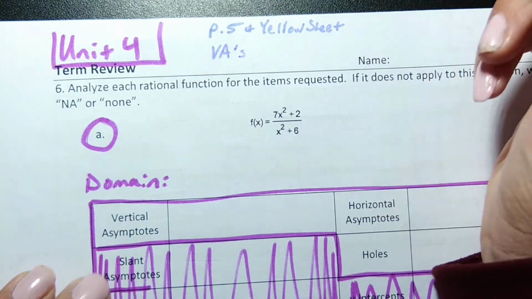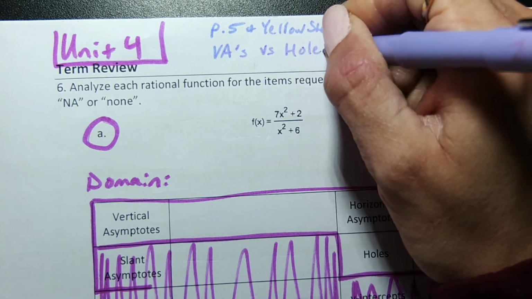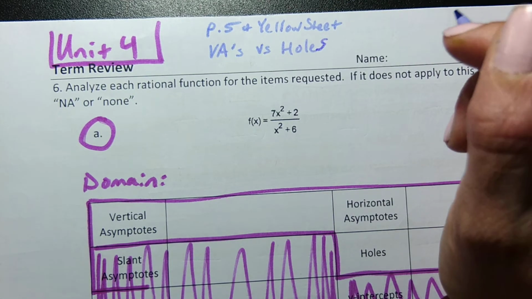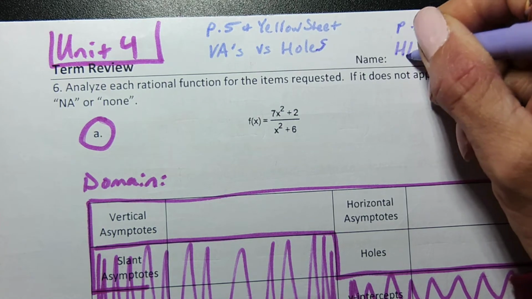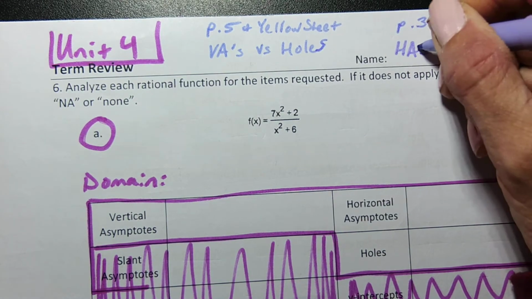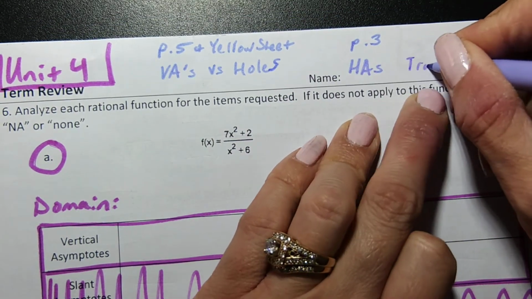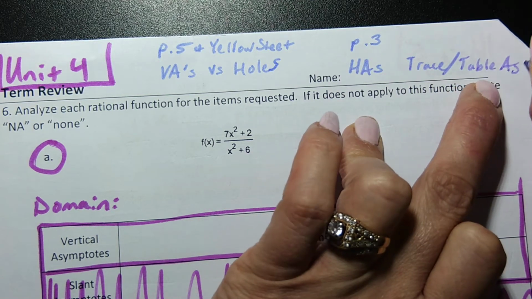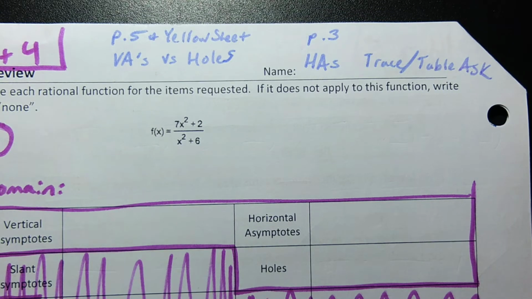That's where you can distinguish between vertical asymptotes versus holes. Page 3 is where you will find your info about horizontal asymptotes and how to use trace or table ask to find them.